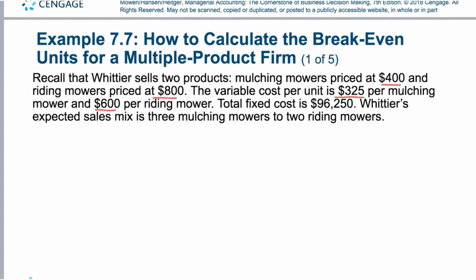Total fixed cost across the whole company is $96,250, and this is the key, right? This is the key. The sales mix here is 3 push mowers to 2 riding mowers.